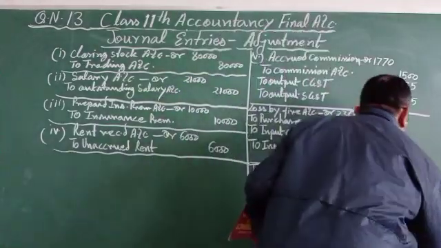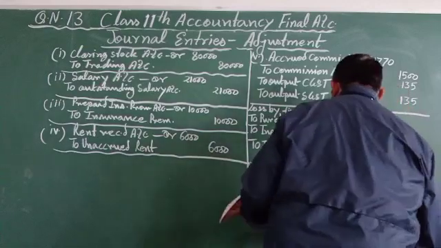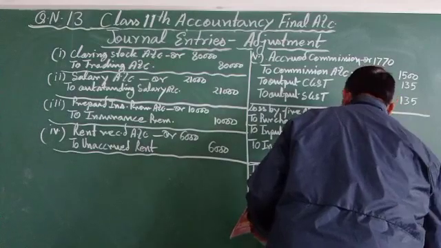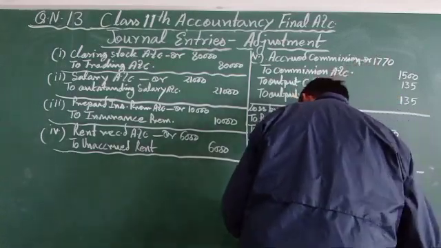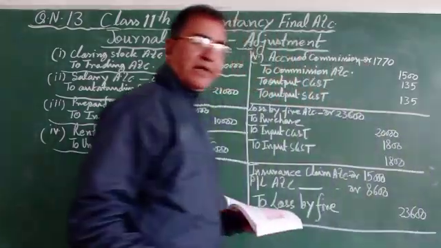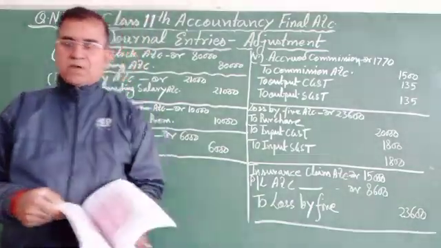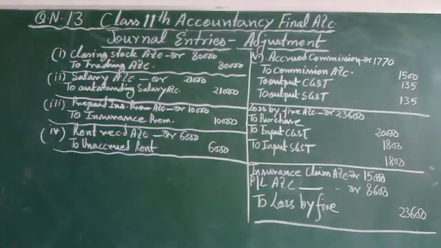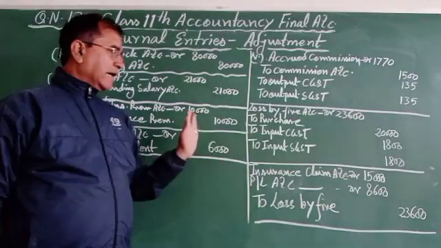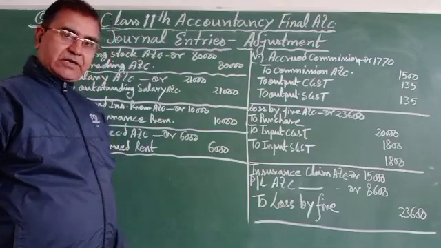Total 23,600, and this amount claim 15,000, and the rest of the amount in profit and loss account 8,600. You can see over here. Just this is the method of adjusting the GST and preparing the financial statement of the organization.